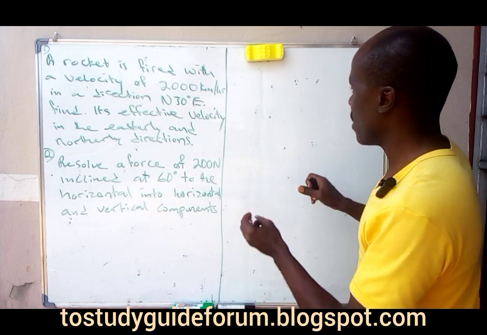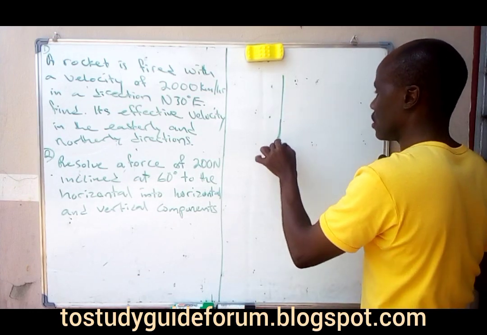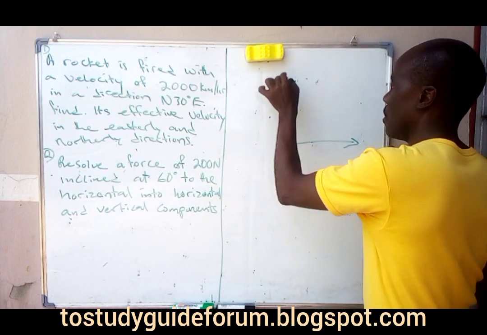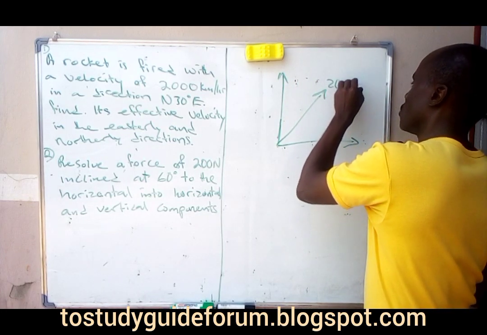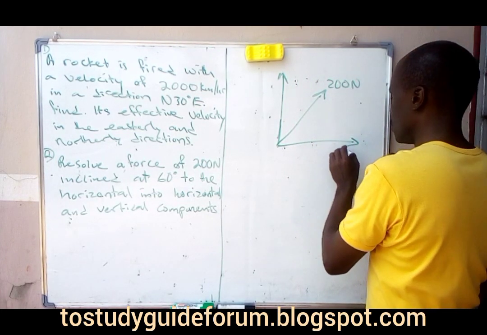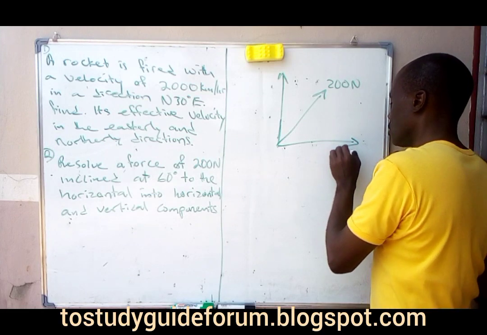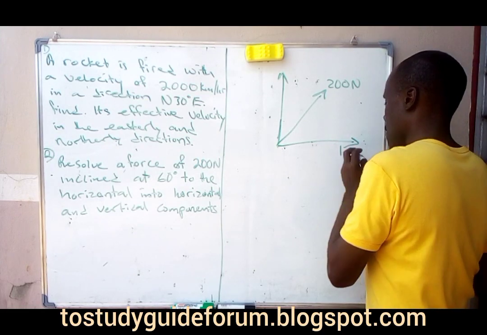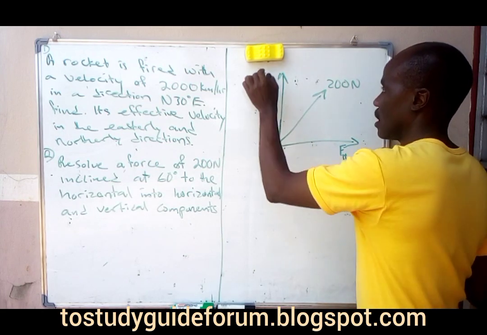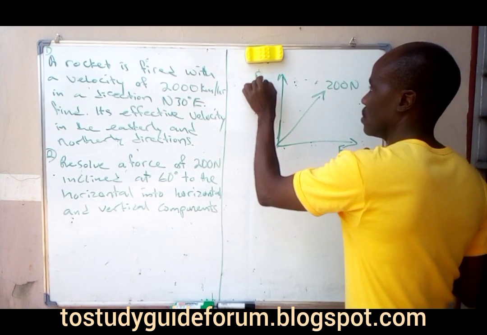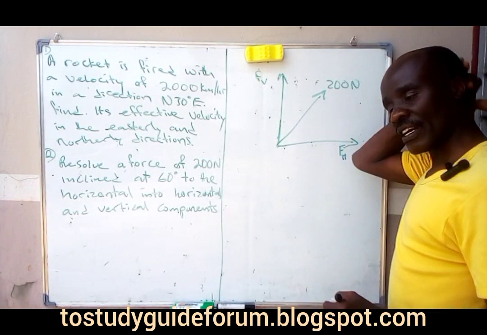This is the vertical, this is the horizontal. We call this one FH, that's horizontal, and FV, that's for the vertical.